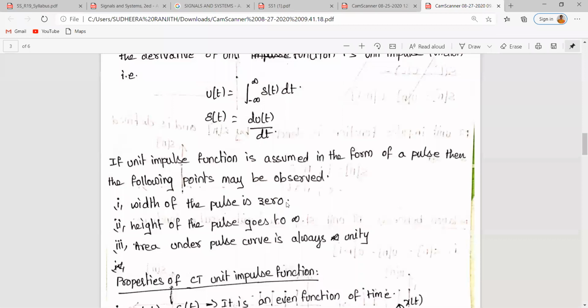Whenever the width of the pulse is 0, the height of the pulse goes to infinity. And the area under the unit impulse curve is always unity, because it has a width of delta and a height of 1 by delta. Since it is a rectangular curve, delta into 1 by delta is equal to 1.